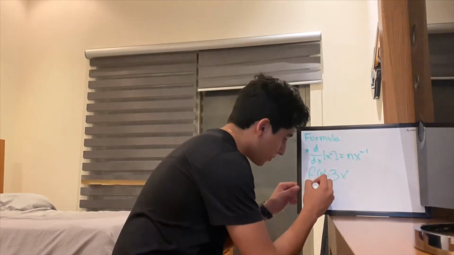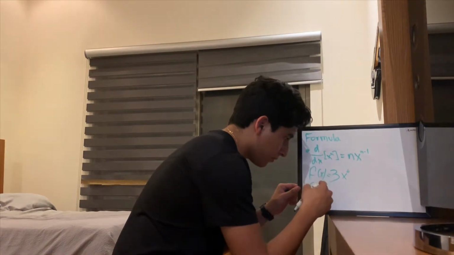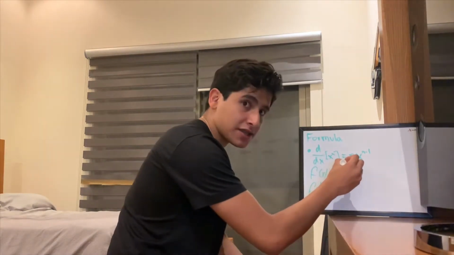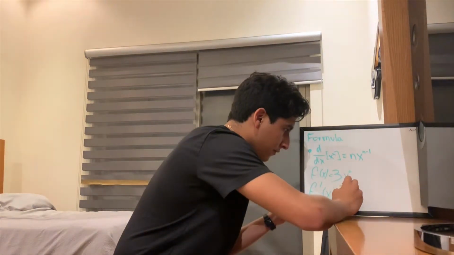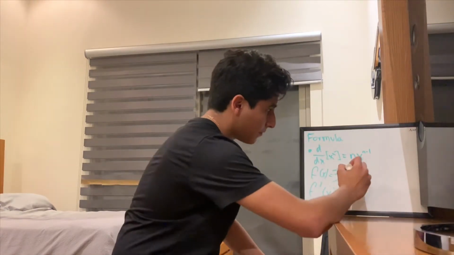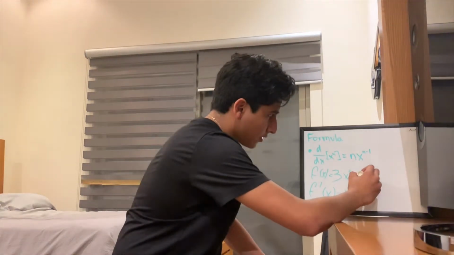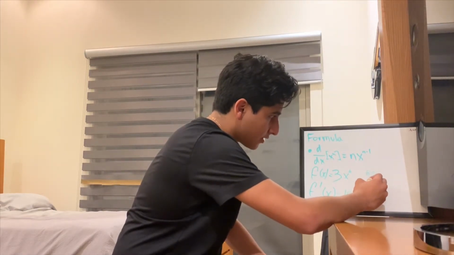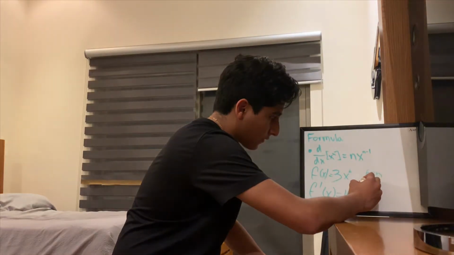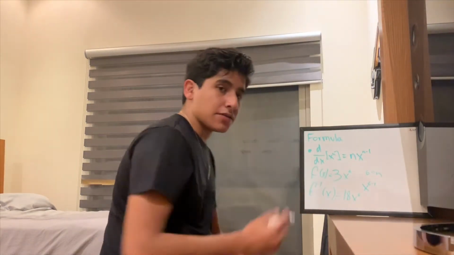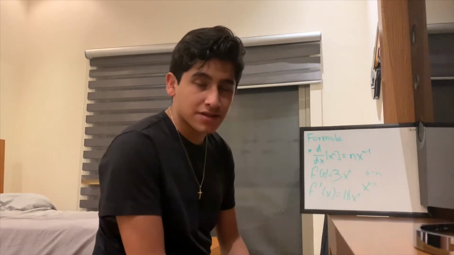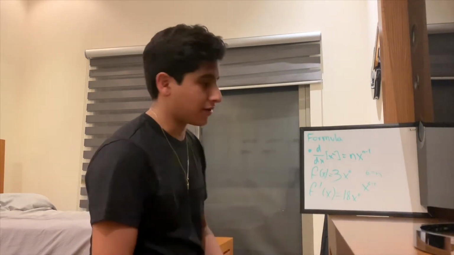When you want to find a derivative, you have to put f prime of x, this is really important, which will be 3 times 6, which is 18, and according to the formula, x to the 6 has n equal to 6, so it will be x to the 6 minus 1, which gives you 18x to the 5. This is the derivative of this, so always remember that rule, and I'll let Sebas now explain every single thing.